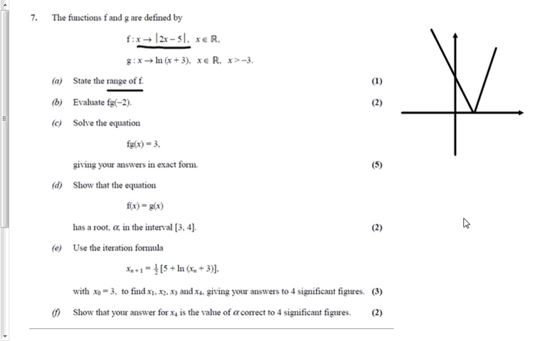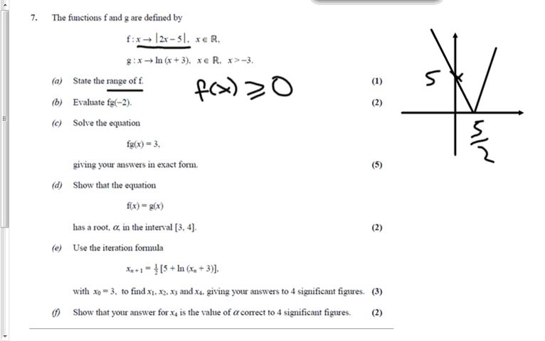Is that right? 5 over 2. And this is 5. And we can see that the y values are all positive because it's a mod graph. That's fairly obvious anyway. So we can say that f of x is greater than or equal to 0 for 1 mark.